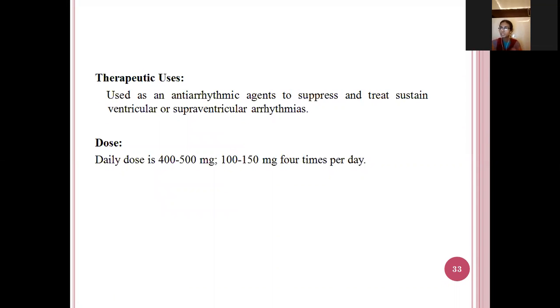Next, uses: it is used as an anti-arrhythmic agent to suppress and treat ventricular or supraventricular arrhythmias. So it mainly acts as an anti-arrhythmic agent.